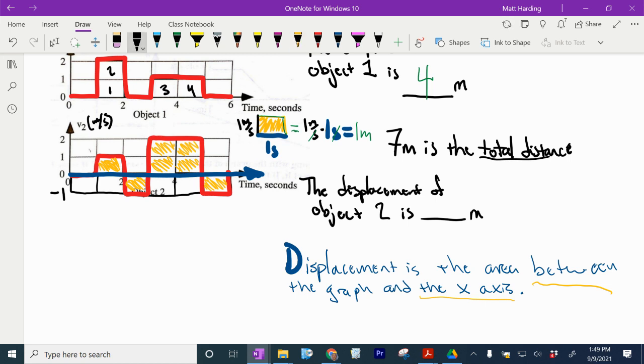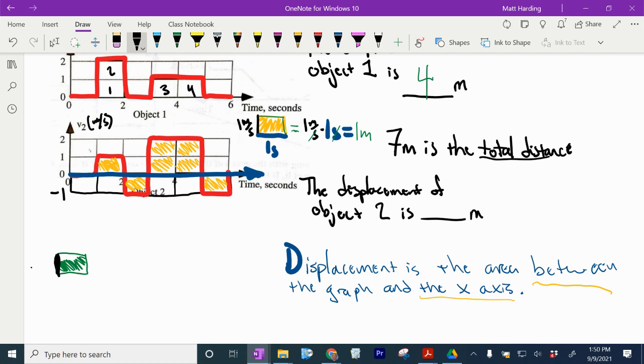Mr. Harding, I think if you count those boxes, you'll see you have 1, 2, 3, 4, 5, 6, 7 boxes, you donkey. Okay, fair enough. But what that's not taking into account is the area of this box right here. This box goes from 0 to -1.